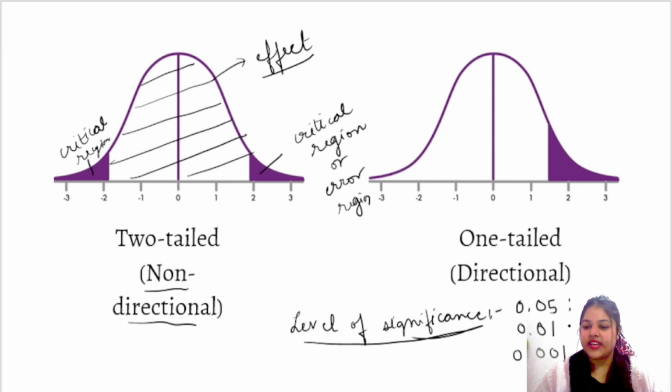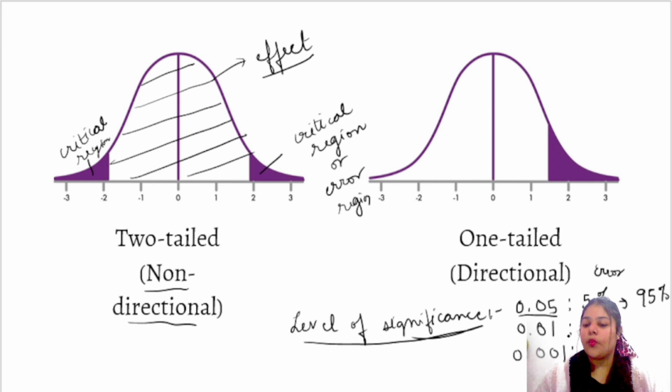So these significance levels basically tell us about the error region that we are allowing our researcher to make. In this particular significance level, the researcher would only be allowed to make a 5% error, which means that my study is 95% correct, and there are just 5% chances that it cannot be generalized to the normal population or it is not correct.